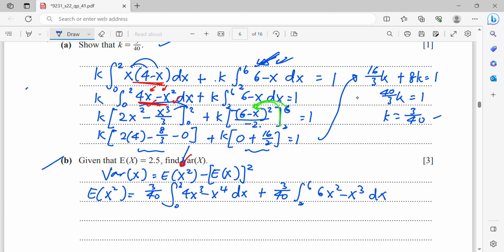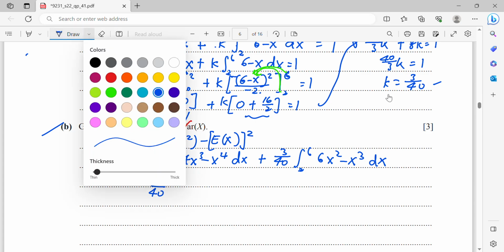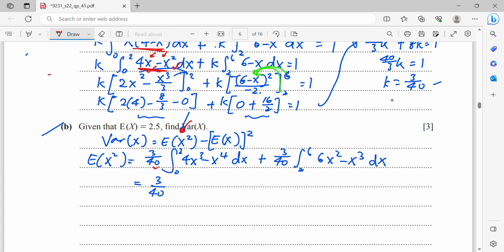Alright, so now here I need to integrate term by term. So the 3 over 40 I will factorize from both integrations because they are common, right? So then put a bracket. When I integrate 4x cubed, I will get 4x to the power of 4 over 4, which is x to the power of 4. Then minus x to the power of 4 becomes x to the power of 5 over 5.